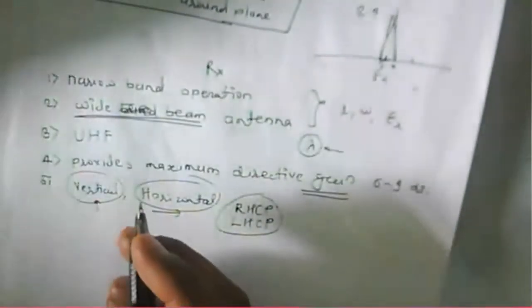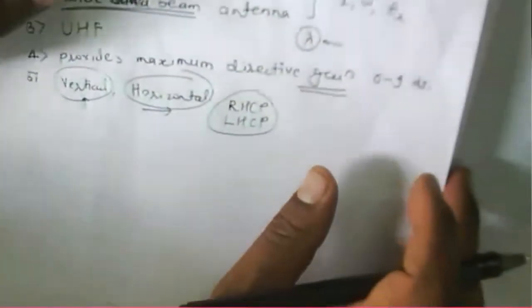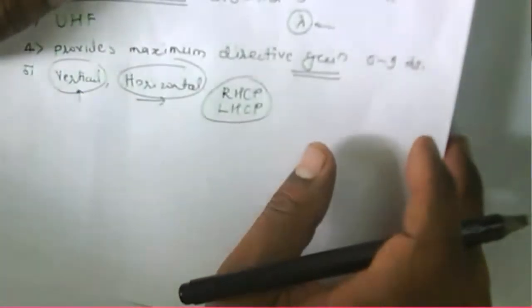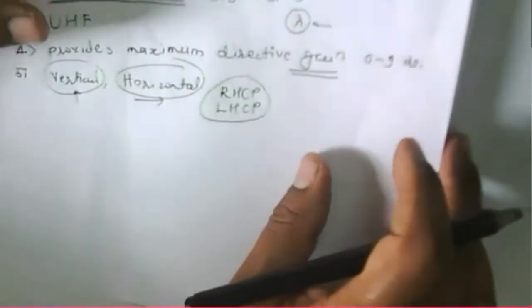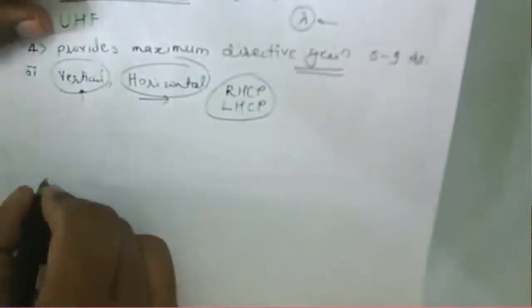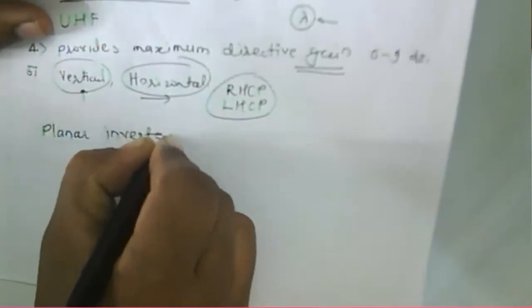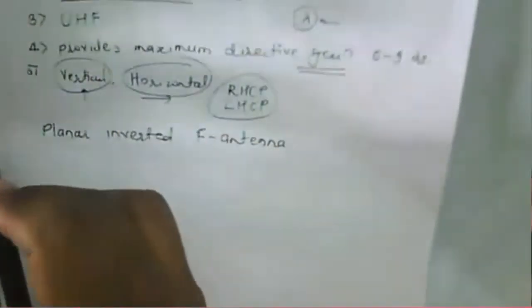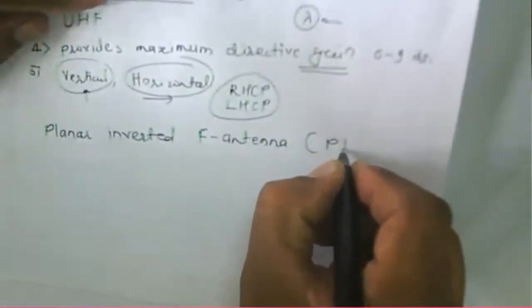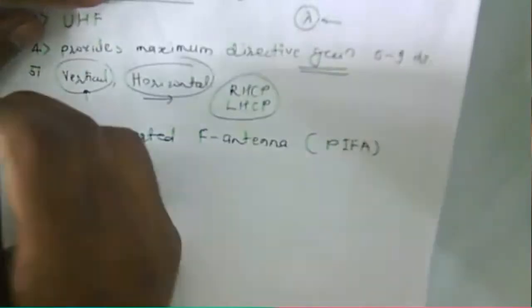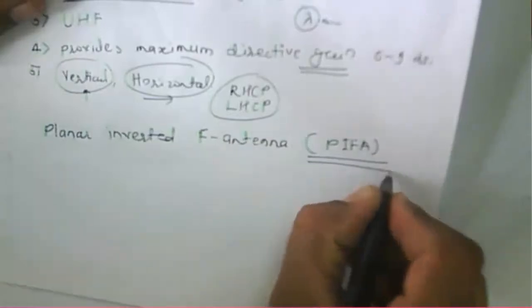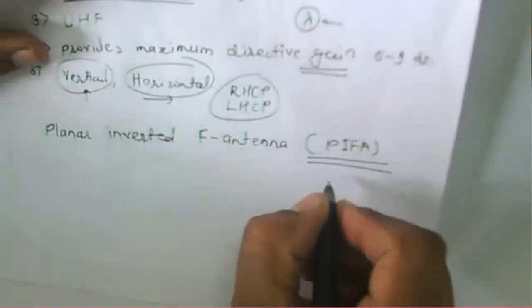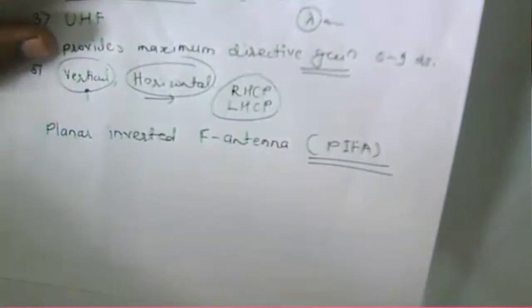That is a typical antenna people are using nowadays. In all mobile phones, the planar inverted F antenna, or in most cases called the PIFA antenna, is used. So this planar inverted F antenna is used in a mobile phone or a cell phone.